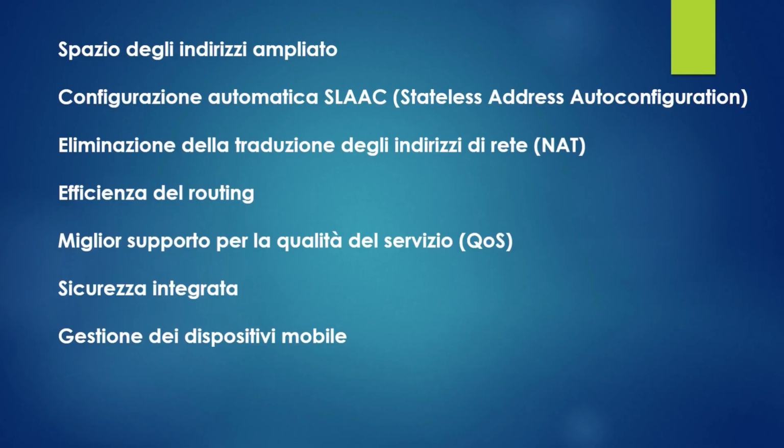Although, as we'll see later, IPv6 has internal IP addresses, it has internal blocks called ULA, but then you would have to configure NAT66, which translates these internal addresses into one or more public IP addresses, but it's not recommended. Routing efficiency, better support for quality of service, QoS, integrated security, and management of mobile devices.